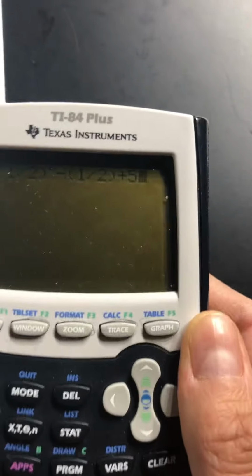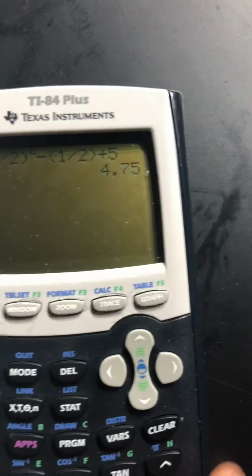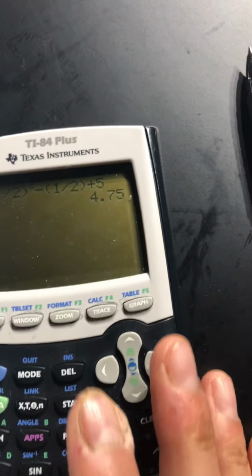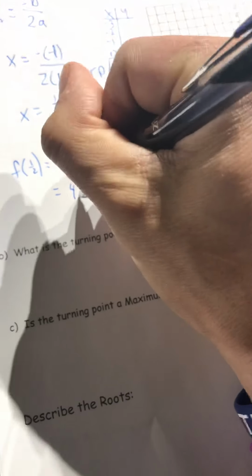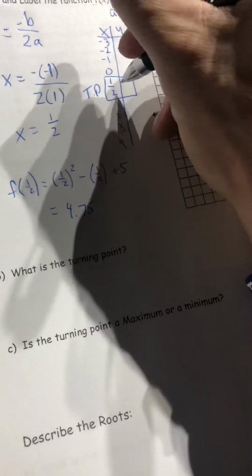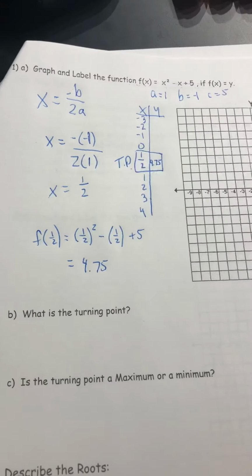All right, looks just like that. I'm going to push enter, and I'm going to get a y value of 4.75. That 4.75 is the corresponding y value. So I'm going to put that right here, 4.75. The other values I'm going to get are going to be right from the calculator.